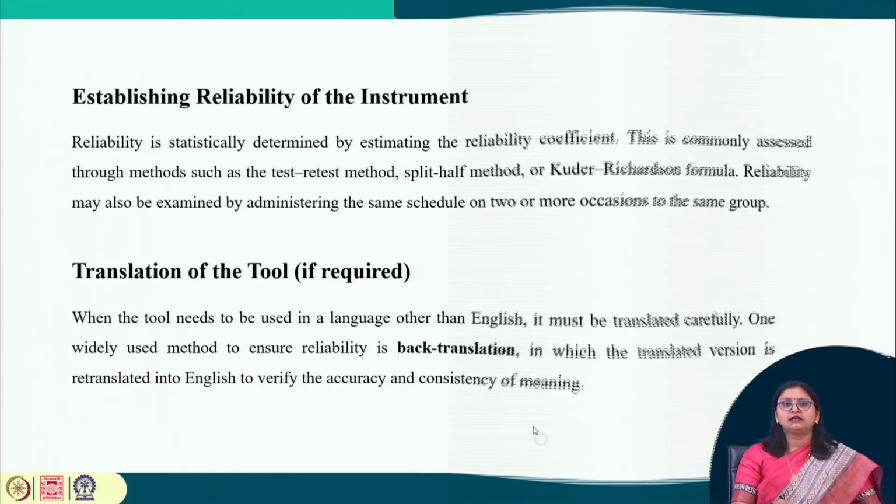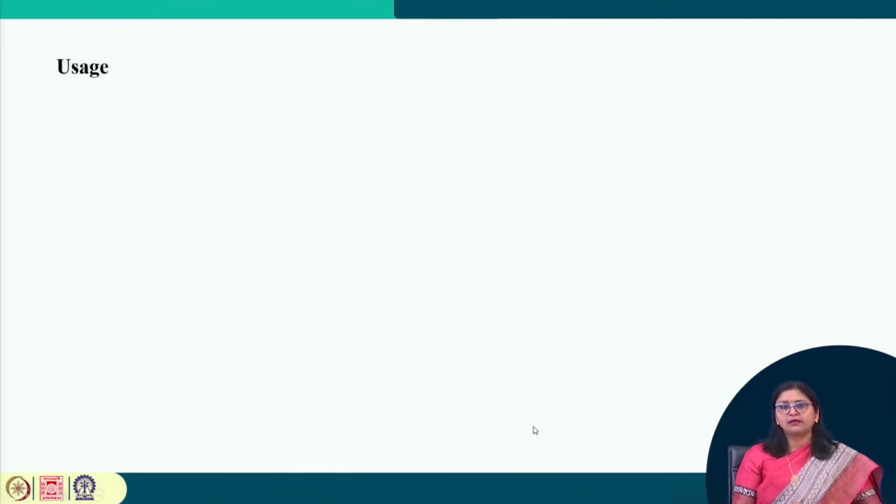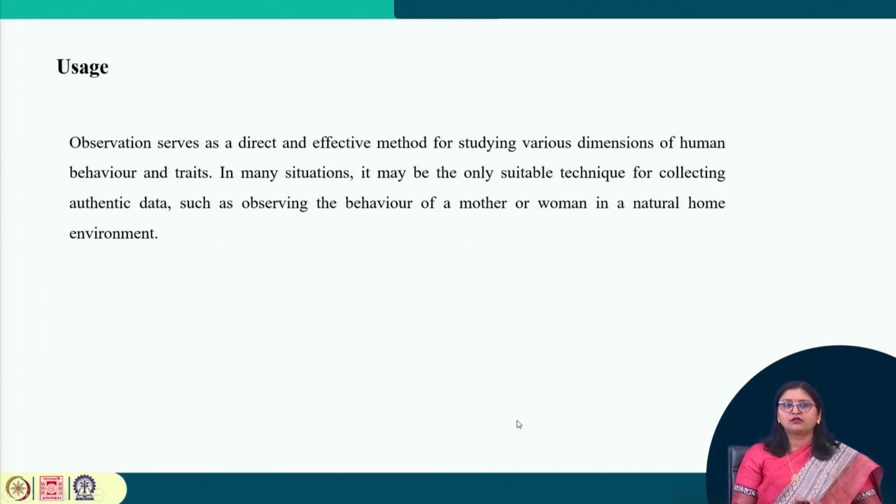Another thing we have to remember is that when we use observation as a method of research, here we focus on its uses. It serves as a direct and effective method for studying various dimensions of human behaviors and traits.